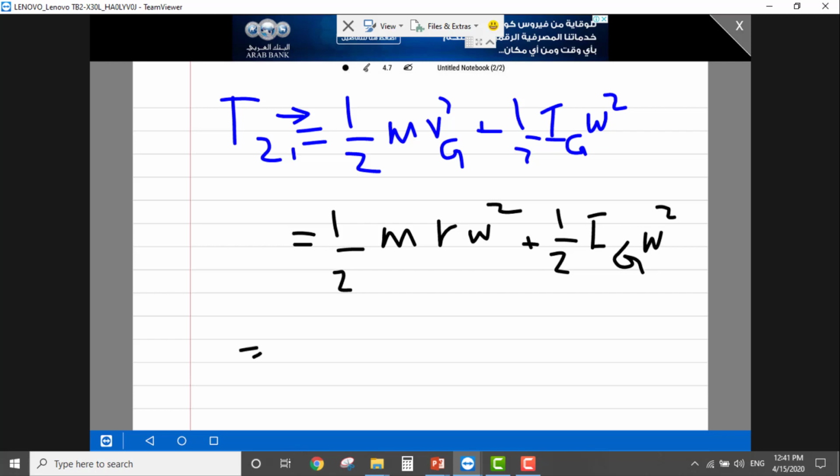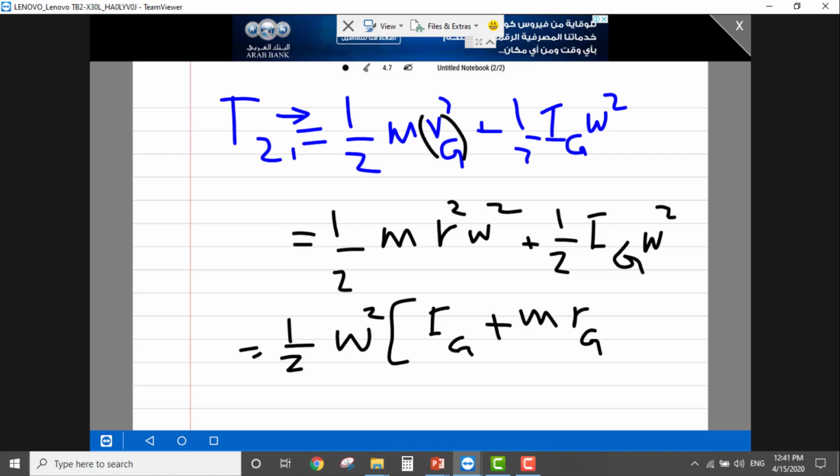Let me take half and omega squared as a common factor, and we end up with Ig plus m R squared. Sorry for the mistake, the R is squared because V is squared.